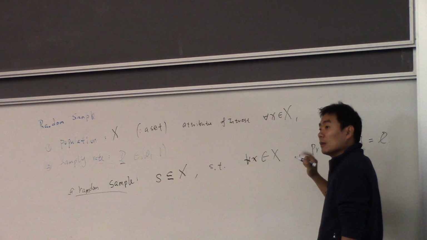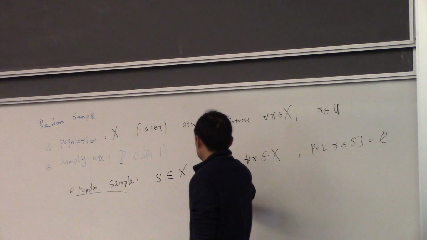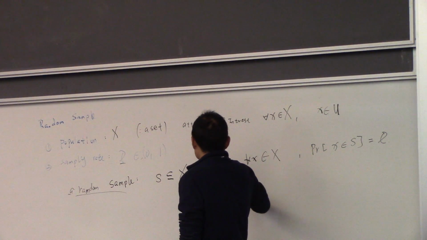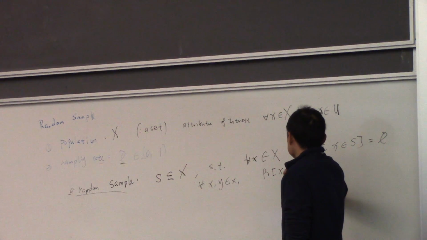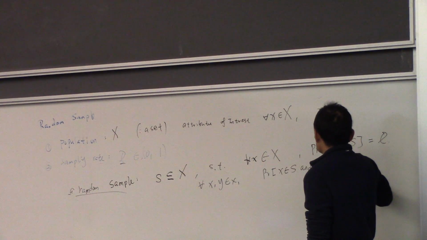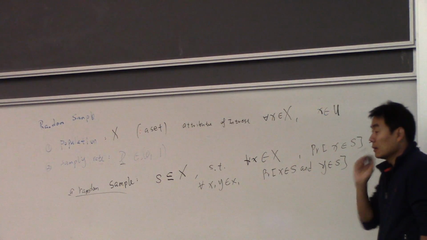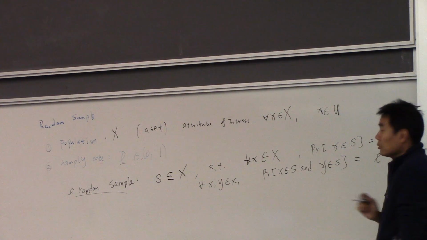But furthermore, for any x, y, the probability must equal rho squared.